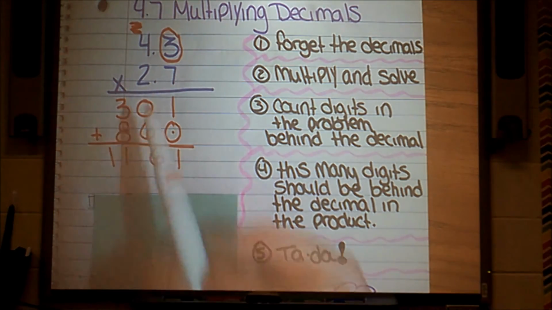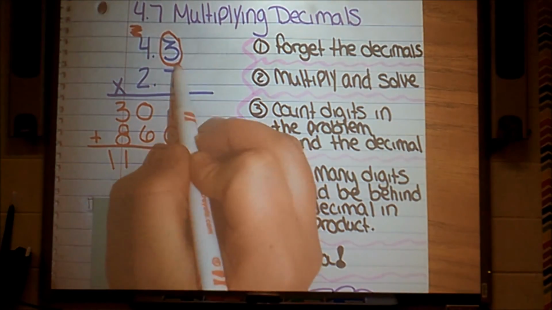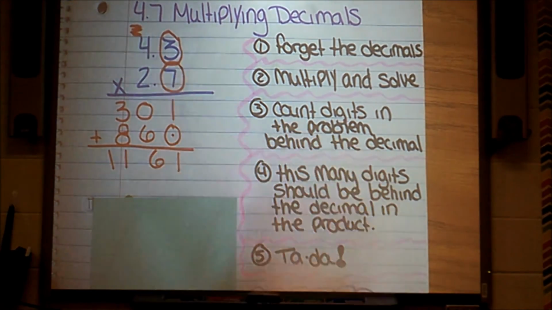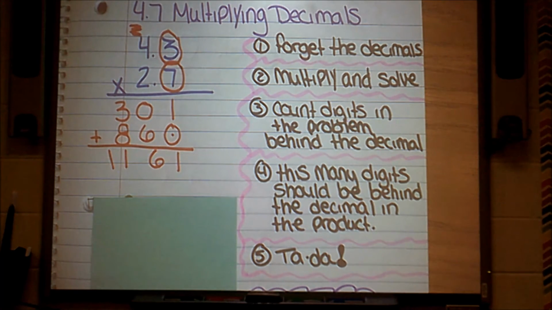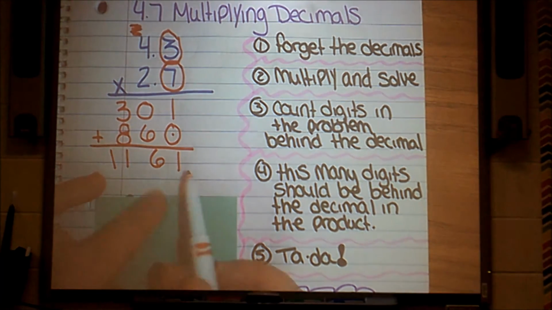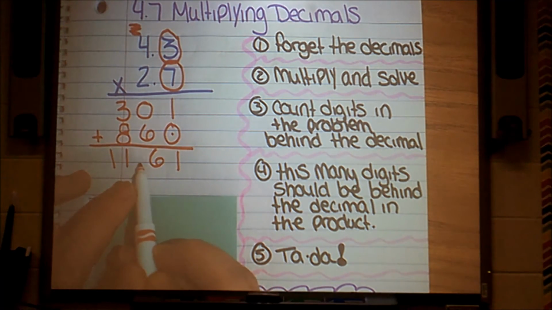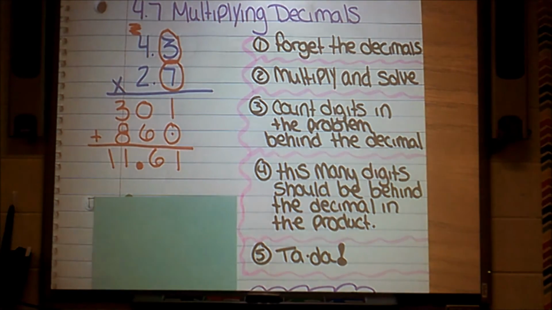And then I see in my 2.7 that I have another digit after my decimal. That gives me a total of 2 digits after my decimals. So in my final product, I'm going to have to make sure that my decimal lives in a spot where there are 2 digits also behind the decimal.